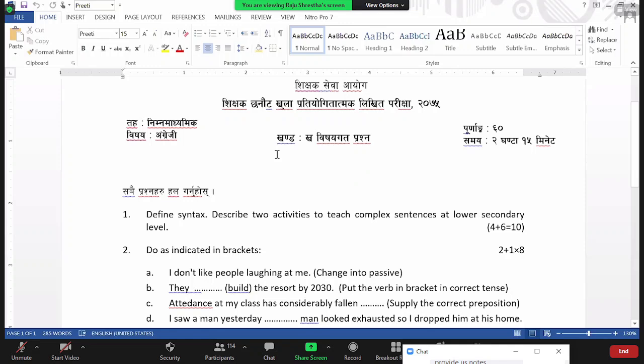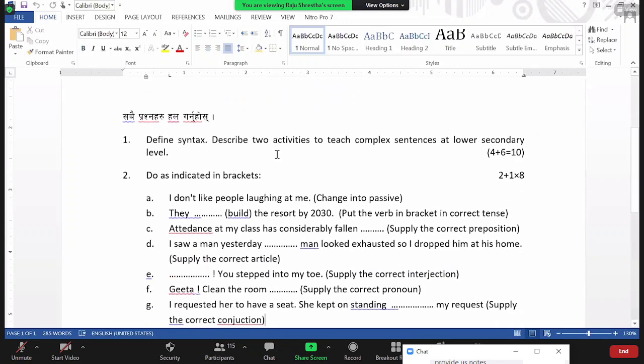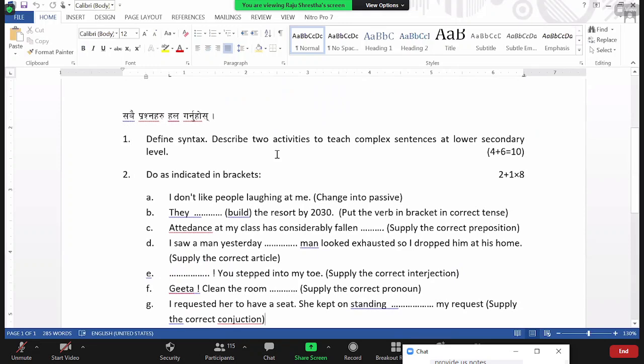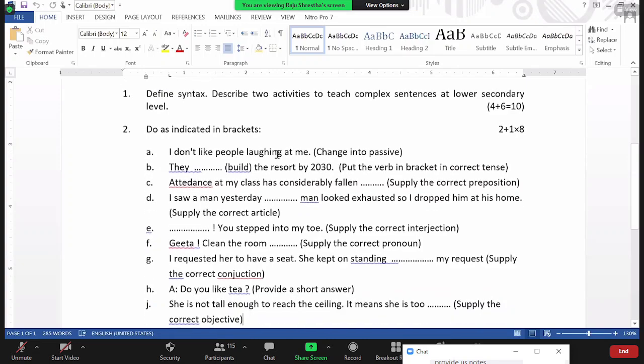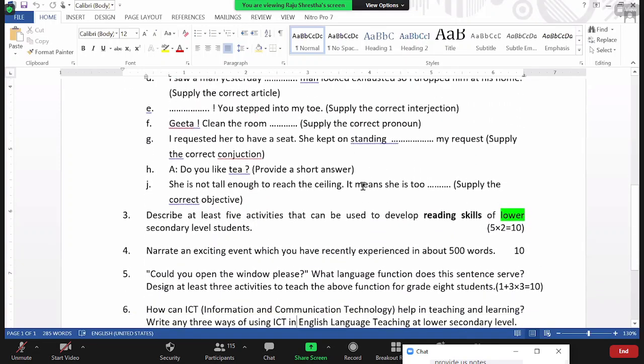This was in 2075. It was asked, define syntax, describe 2 activities to teach syntax at lower secondary level. Confused? Simple. Syntax, sentence. How do you teach sentence? And here, question number 3rd, this is 10 marks.